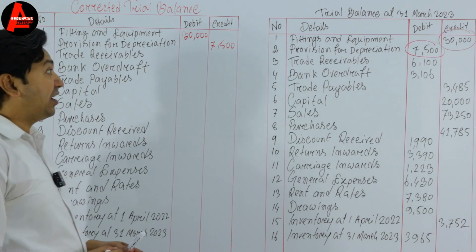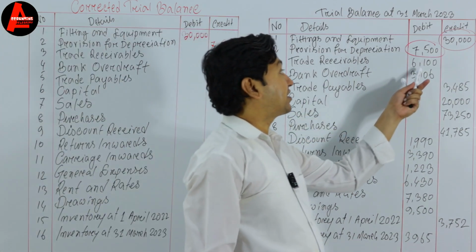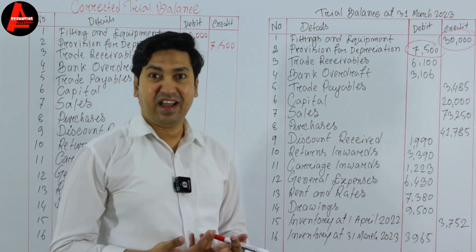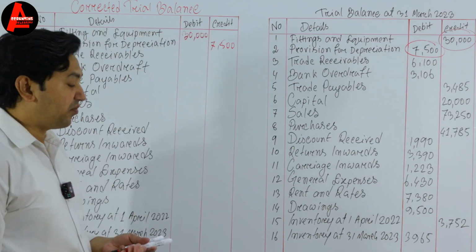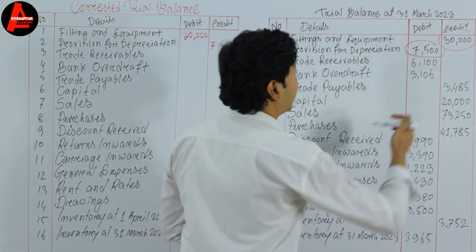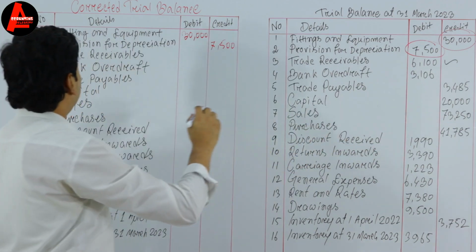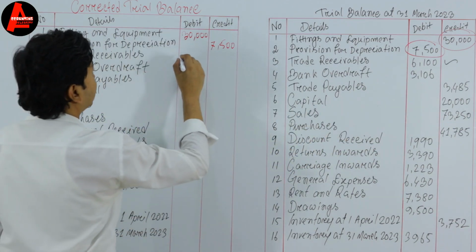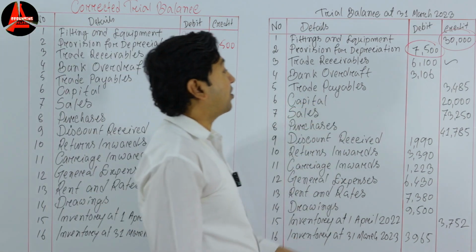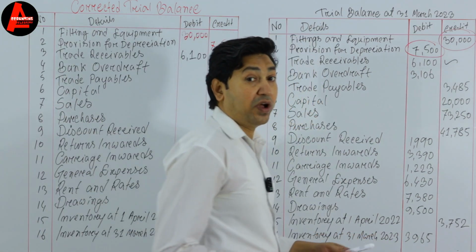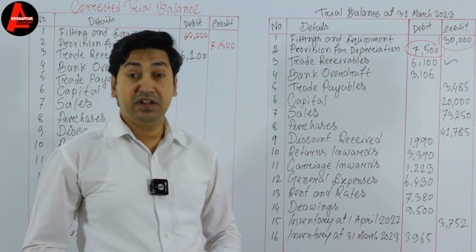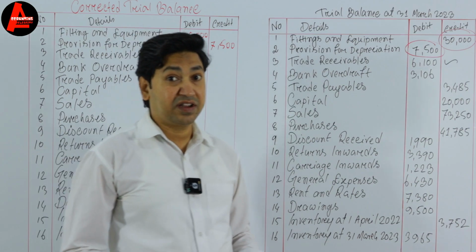Then number 3, we see trade receivables $6,100. Trade receivables are a current asset. I told you assets of all types will be debited. So here it is written correctly, and we will write it on the debit side. Great. Next one is bank overdraft $3,106. What is a bank overdraft? Is it an asset or a liability?